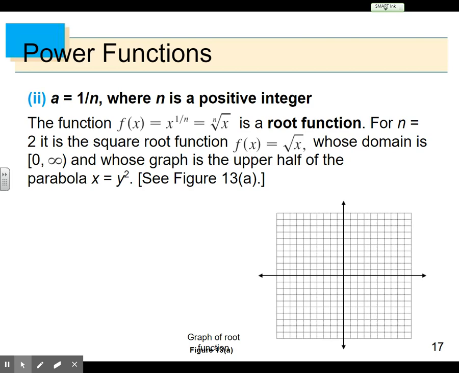In math, if we have something raised to a fractional exponent, we can send this n over to be inside the root, and we still have x to the first power, and I end up with a new function called a root function. So for n equals 2, we call that a square root. On a square root, we go through the points (0, 0) and (1, 1), and we have the beloved swoop.